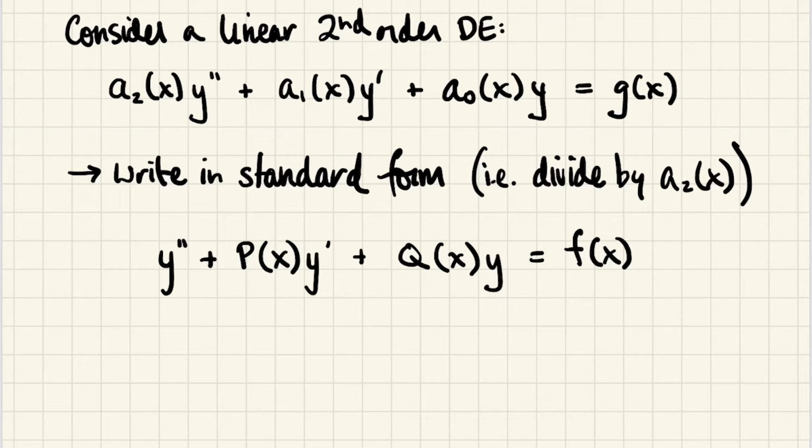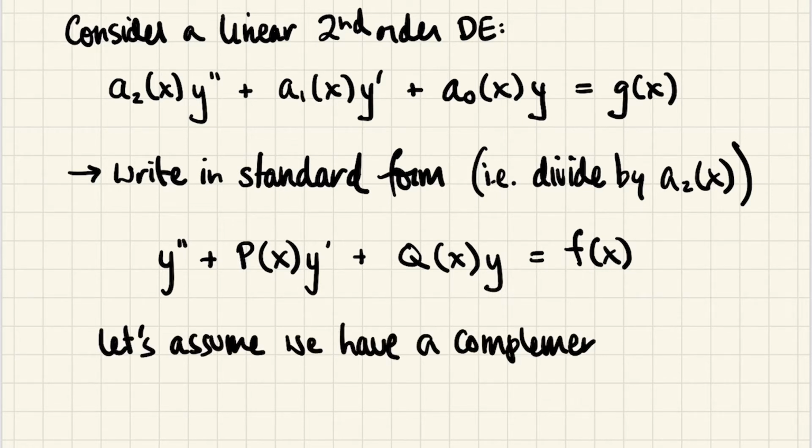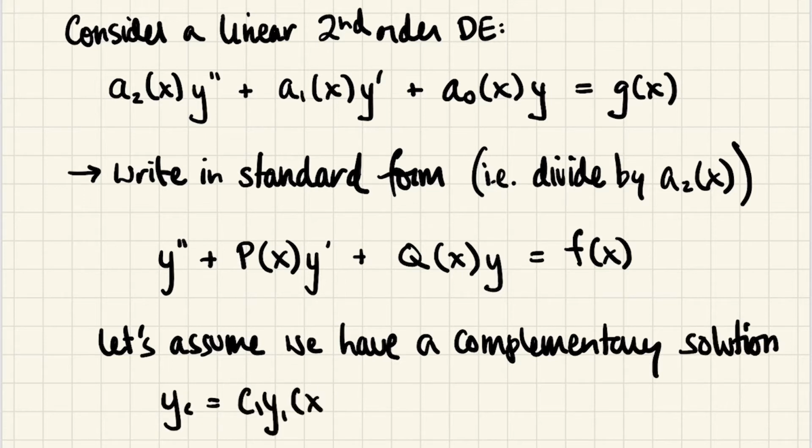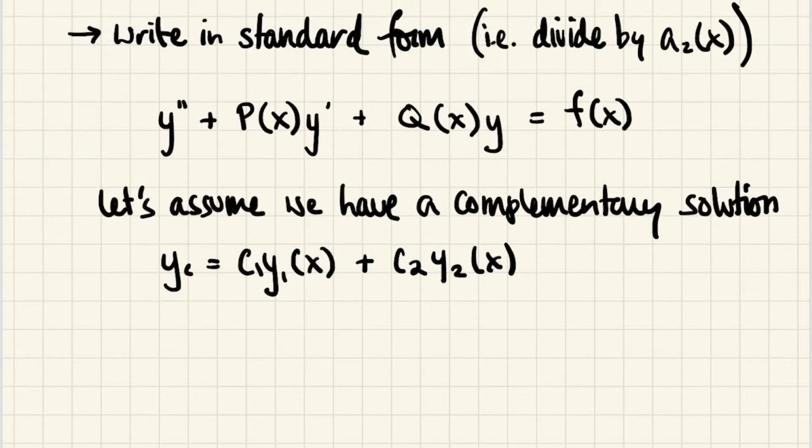Okay, now let's assume we have a complementary solution. As this is a second-order differential equation, we would expect our complementary solution to have two parameters. So we have c1 y1 and c2 y2, with y1 and y2 linearly independent.